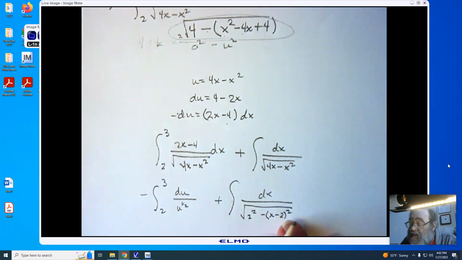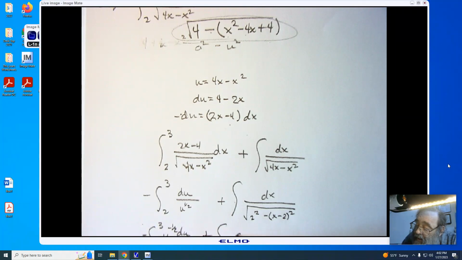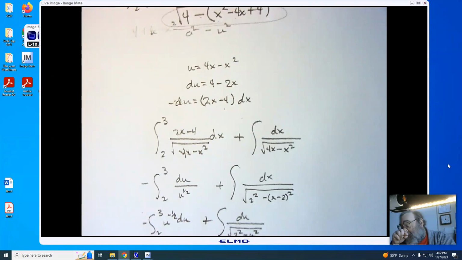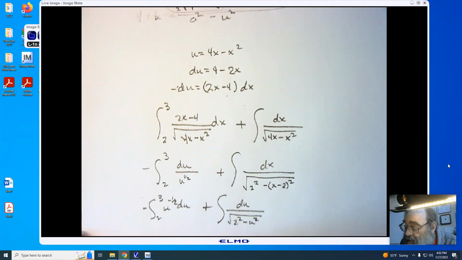Here are the two pieces. This is the integration from 2 to 3, u to the minus 1/2 power du, plus, and then I am going to have du over the square root of 2 squared minus u squared. Once again, this is an arc sine, so let's go ahead and begin.